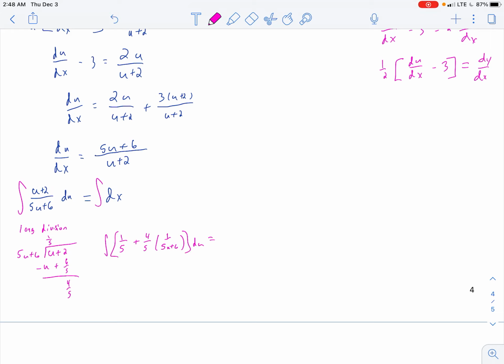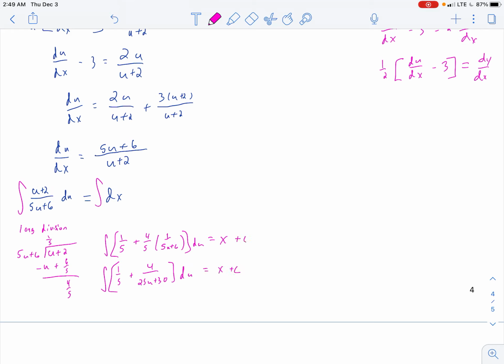I'm going to set that equal to the integral of dx, which is just x. Now, on the left-hand side, I'm going to simplify that just a little bit more. I'm going to say 1/5 plus 4/(25u + 30), and have du on the outside, equals, I'm sorry, I should put x + c.